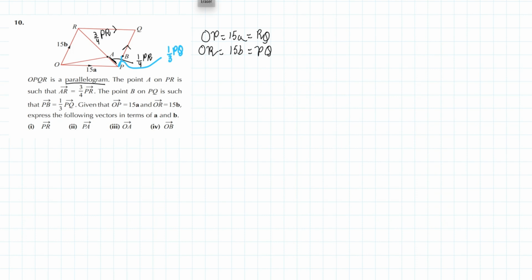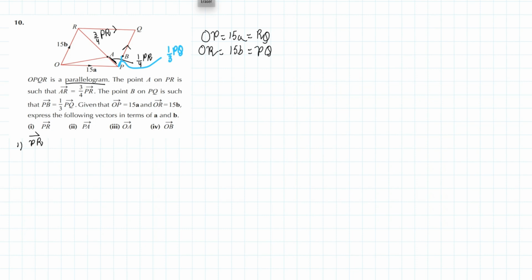Okay, the first part, they are saying that you have to solve for PR in terms of A and B. So for PR, from where to where do you have to go to find the value of PR? Just P and R. So PR is this length.